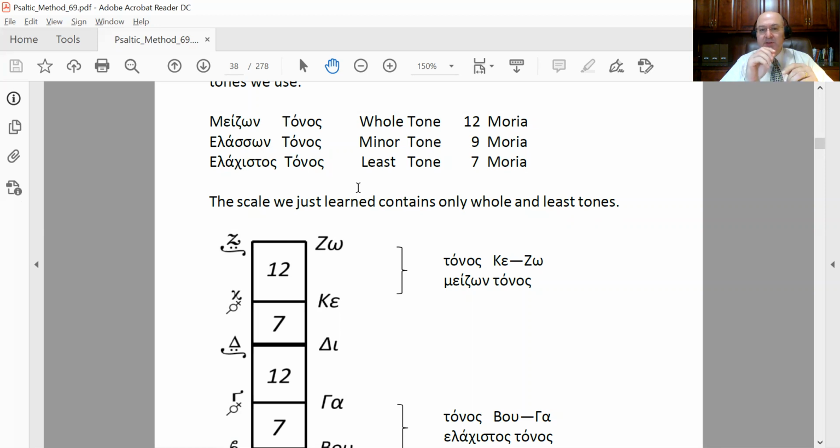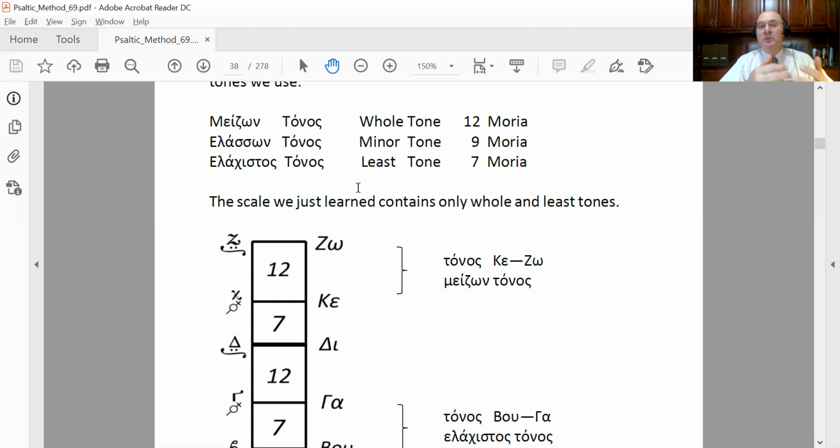I understand that sometimes the word tone might be confusing because later we're going to learn about echos, or modes, or tones. Those are names that are used interchangeably. Echos, mode, tone.